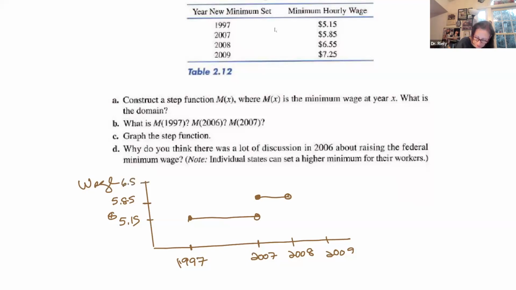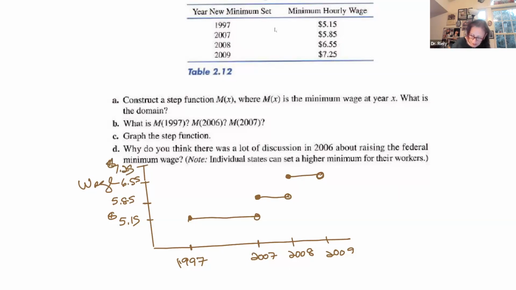So it's going to be 6.55, and that means that up here I'm going to have a filled in circle because here comes January with a higher rate. And that's going to only be in play until January of 2009, which gives me another open circle. Then I'm going to jump again, and I have 7.25.